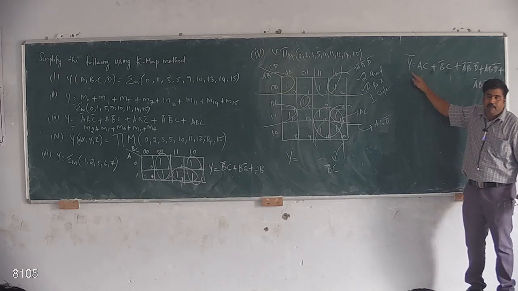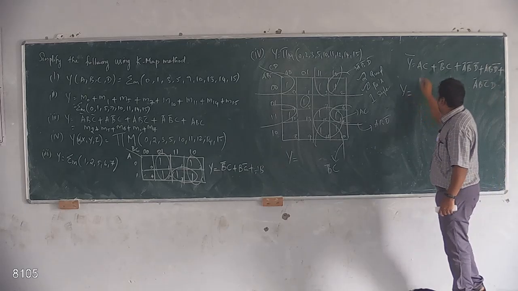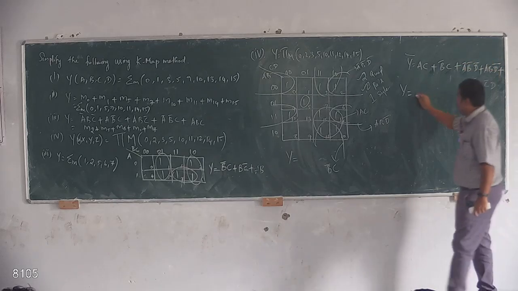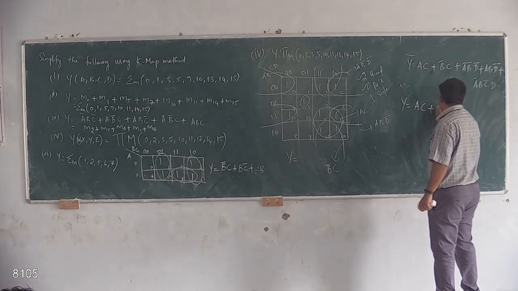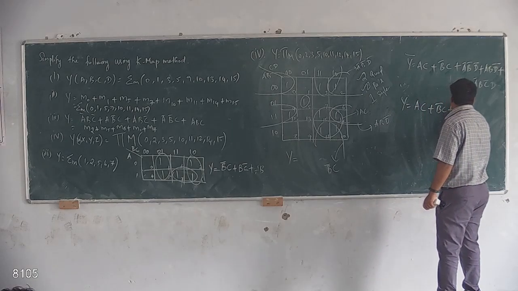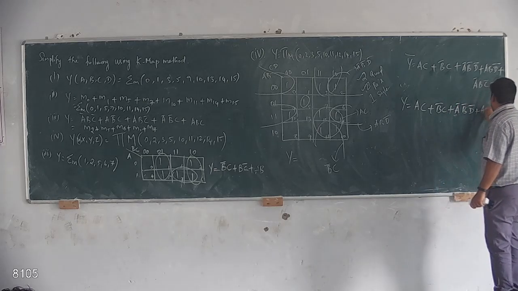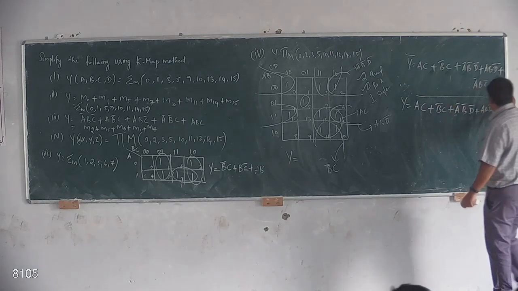The answer will be in the form of Y bar. So in order to make this answer as Y, I need to take the whole complement. Okay. So this will be equal to AC plus B bar C plus A bar B bar D bar plus AB D bar plus A bar B C bar D, whole complement.